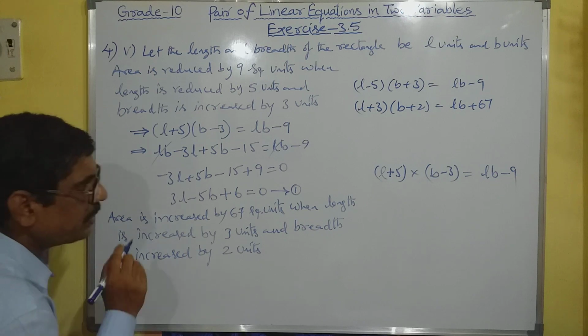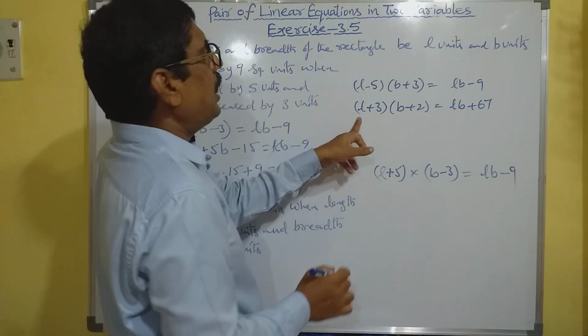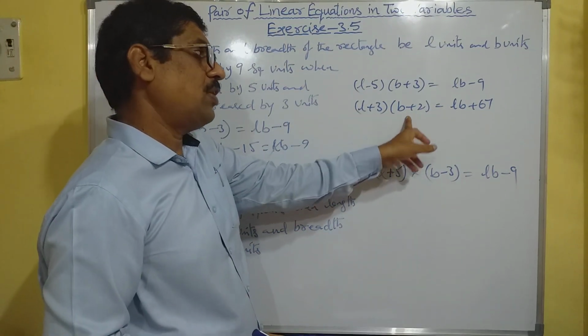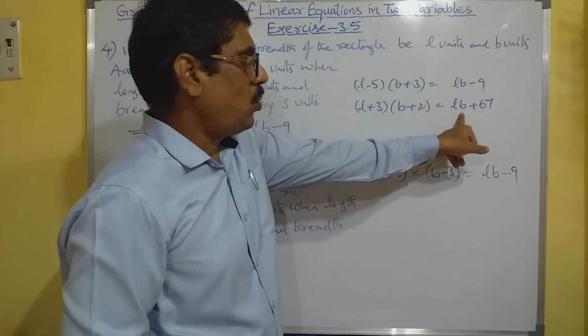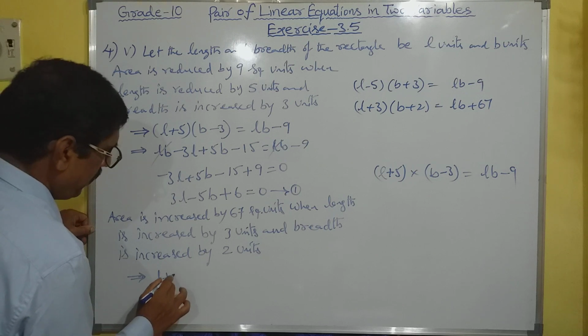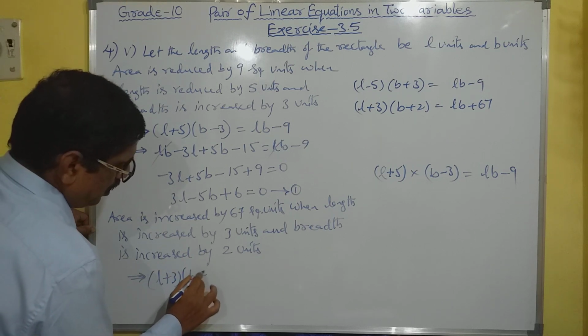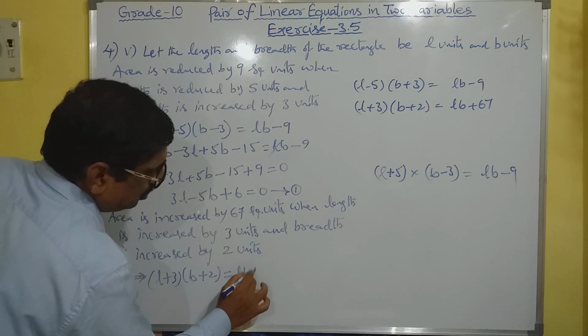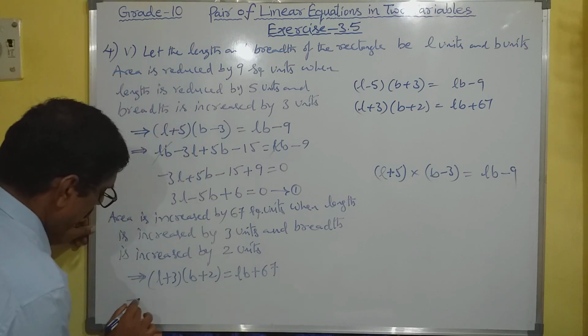So what can we say? Length is increased, plus 3. Breadth is also increased, plus 2. So area is increased by 67. So we can take this equation: L plus 3 into B plus 2 is equal to LB plus 67.